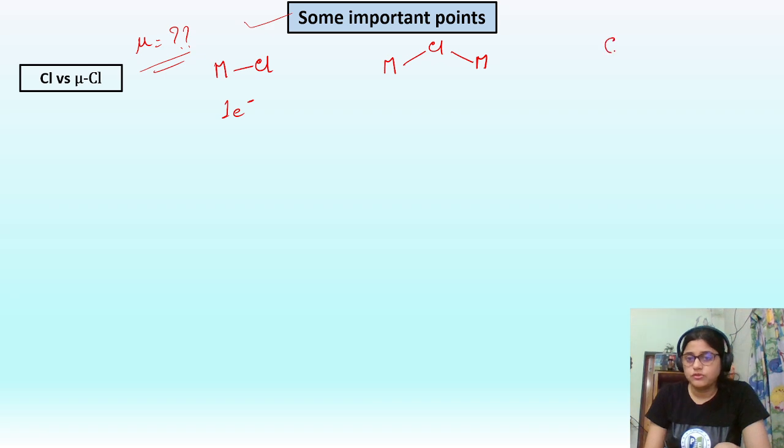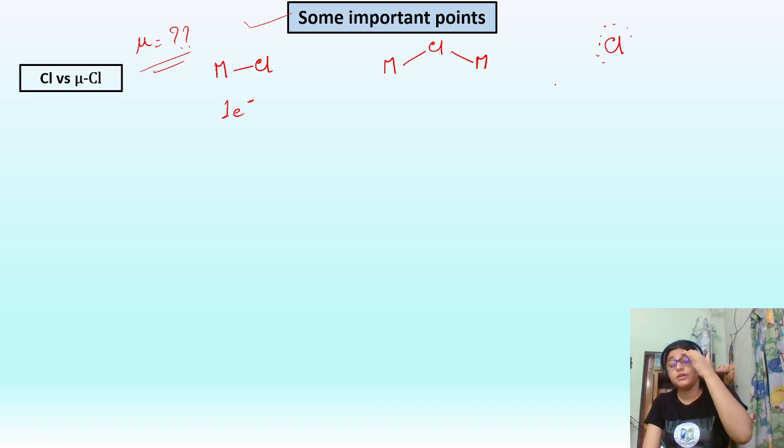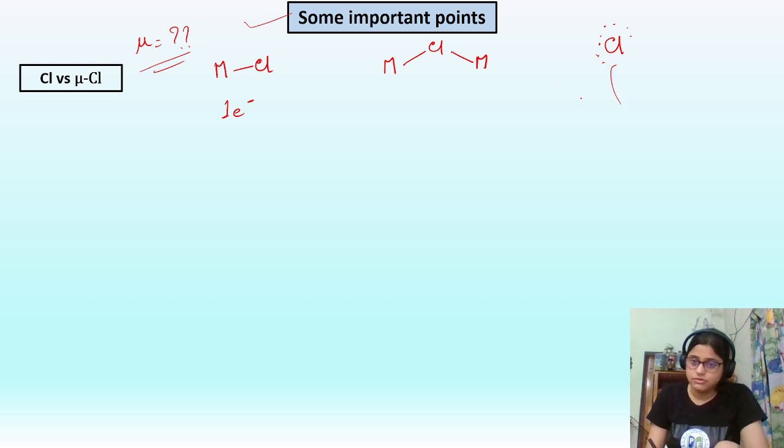But in that case, because from one contribution it cannot donate to 2 metals, right? So we have to see that Cl has 7 electrons. Sorry, Cl minus will be 8 electrons. Okay, fine. So let's just think about that only. Because in neutral method you have to consider the neutral form.